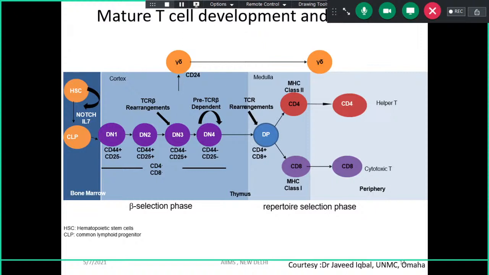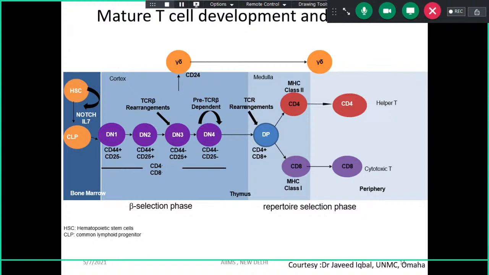Similarly in the T cell, where it appears and how it matures: it is basically the thymus, the central organ where the whole maturation happens. It starts with the marrow. From the marrow it comes in an immature state directly for further development in the thymus. In the thymus there are two stages, basically the beta selection phase, then the repertoire selection phase.